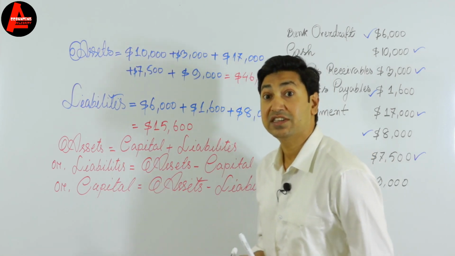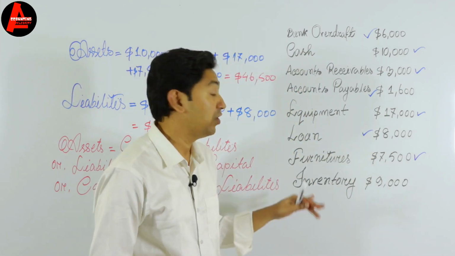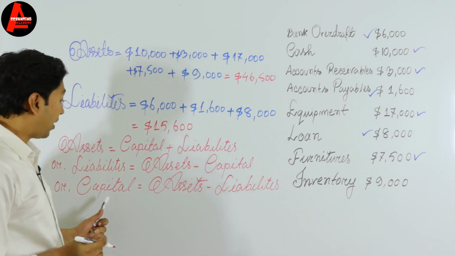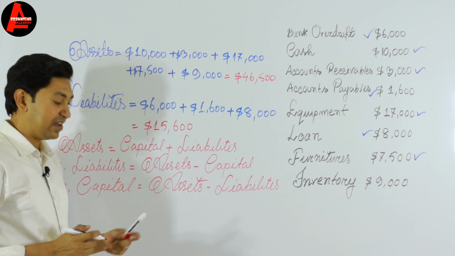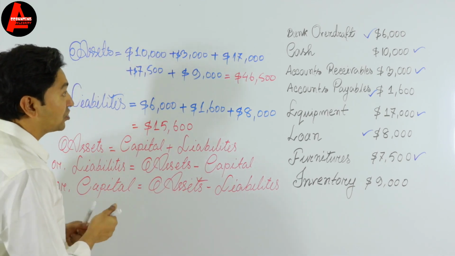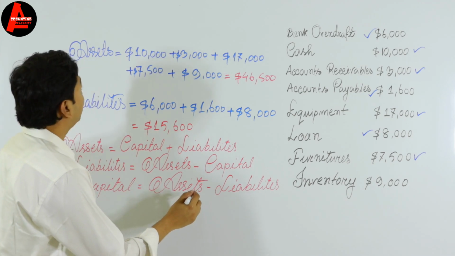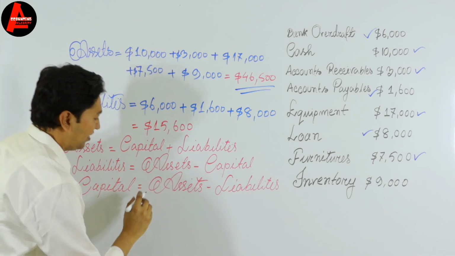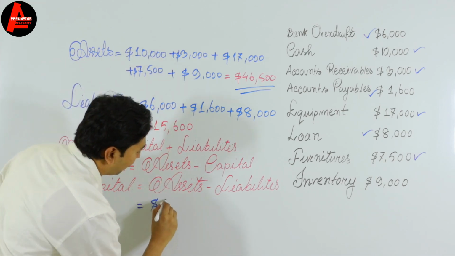So here our question is how to calculate capital. We will calculate here capital. So let us apply this formula here. Capital equal to assets minus liabilities. Now let us put the value here. So we already calculated asset, which is $46,500.